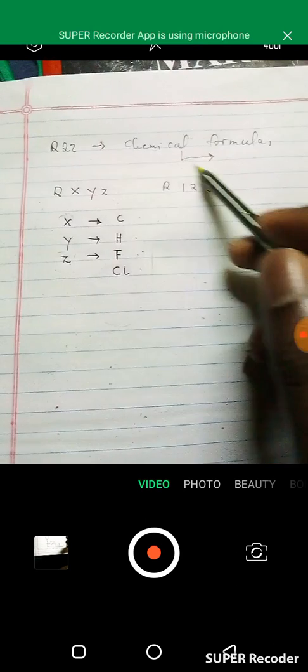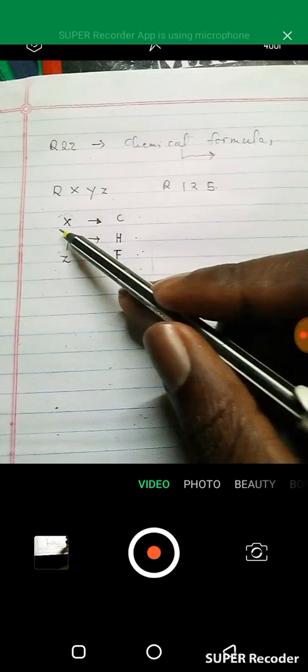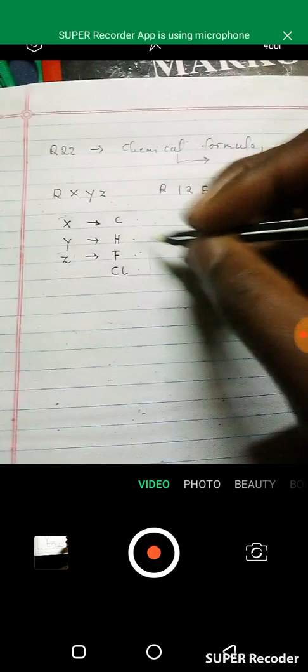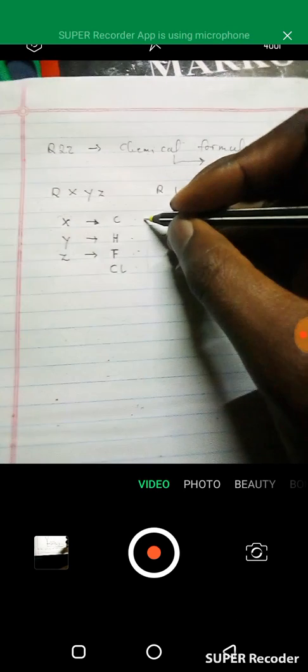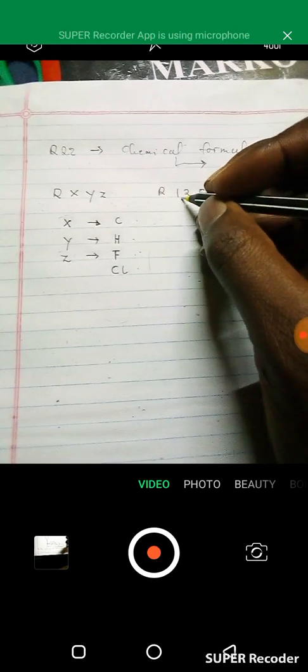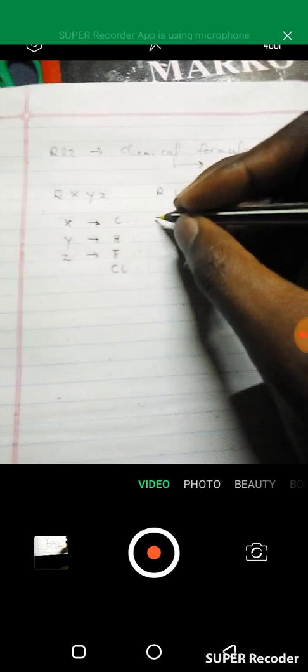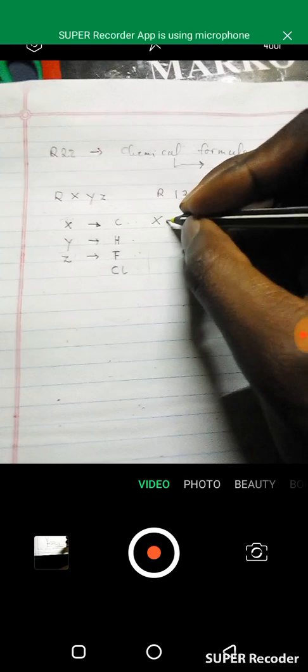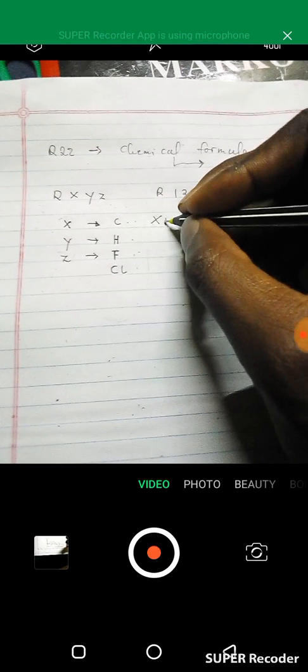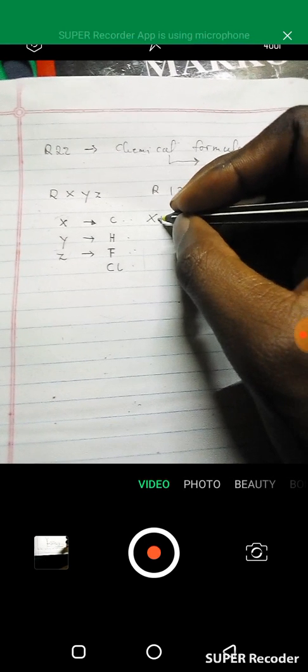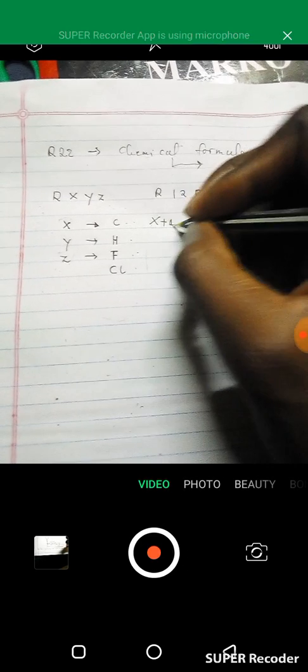What you do is, whatever value you have there, in order to find the number of carbon atoms, you say X plus 1. So in this case, you would say 1 plus 1 because your X is 1.